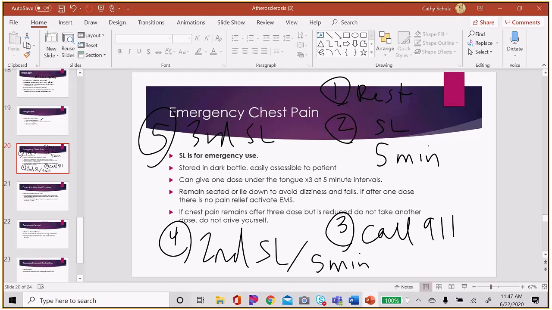A lot of ERs have set the benchmark that from the moment you enter the ER to the moment you enter the cath lab should only be 30 minutes, which is what, like the hospital I work at, that's our gold standard. But the real standard that's been set by the American Heart Association is 90 minutes from the time of chest pain to the cath lab, because time is heart muscle. So the longer you take, the more likely the larger the infarction will be.